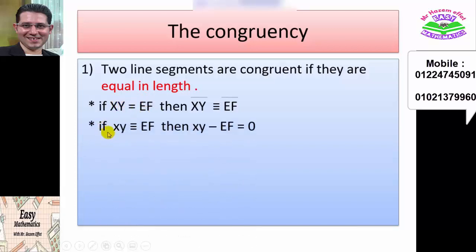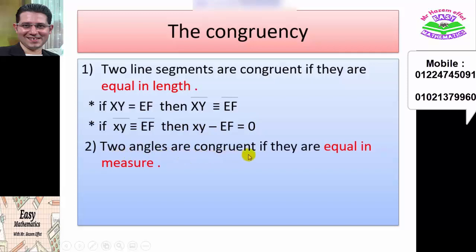In another case, if XY line segment is congruent with EF line segment, then when we subtract XY minus EF, it will be equal to 0, because their lengths are equal.